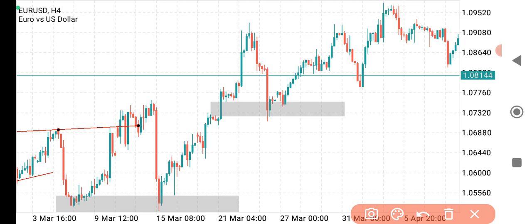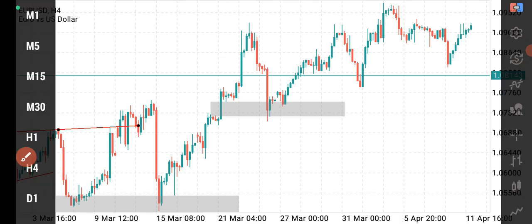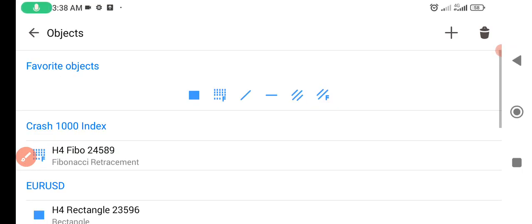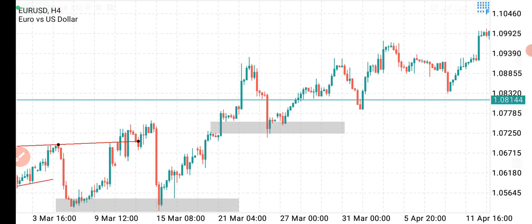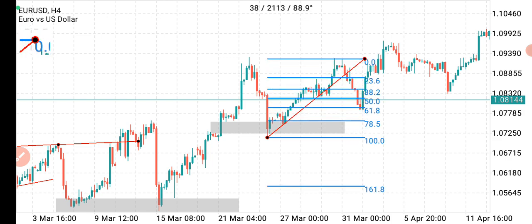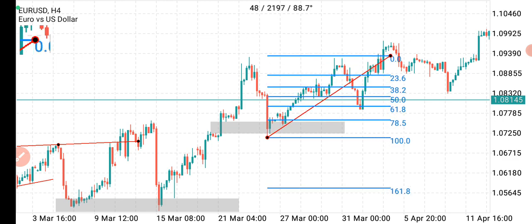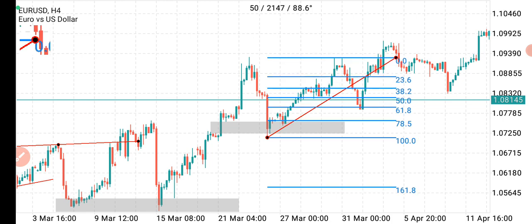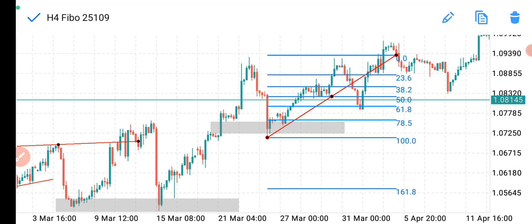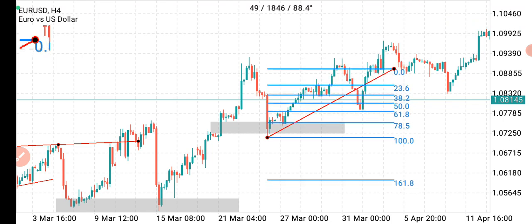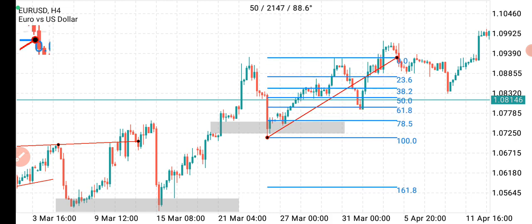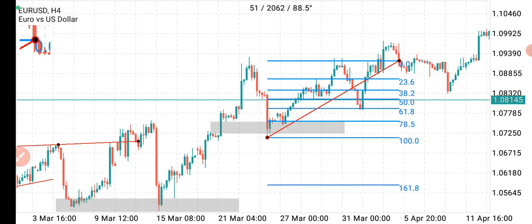All you need to do is pick your Fibonacci again, and then you mark from the new low to this new high. You see it? You mark from your new low to this new high. Your new low, yeah.